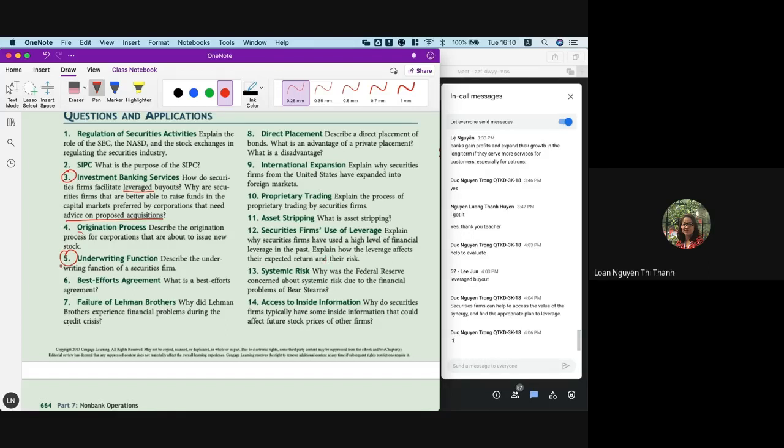I prefer you to review the underwriting function. We have very detailed slides about underwriting, the steps involved in underwriting, for stock or for bond issues, for new stock offerings and new bond or new debt offerings.